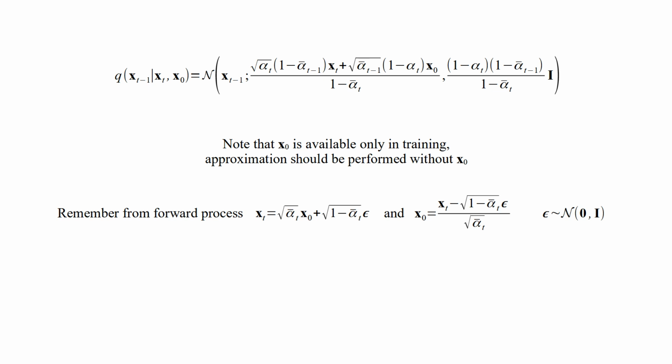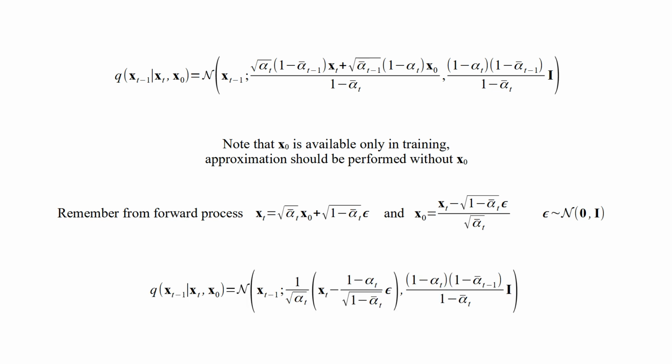Using noise addition equation from forward process, mean of reverse transition can be written in terms of xt and epsilon. For reverse process, ground truth is approximated with learned transition.